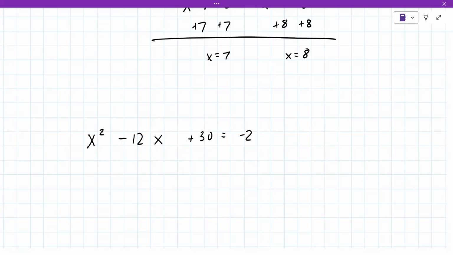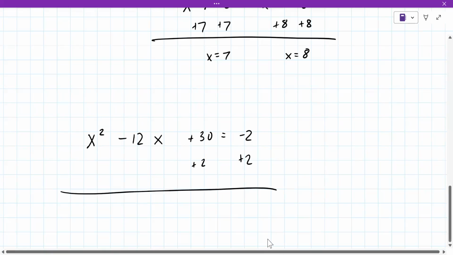Minus 12x plus 30. So wait, oh, I put 30. The answer was 32.